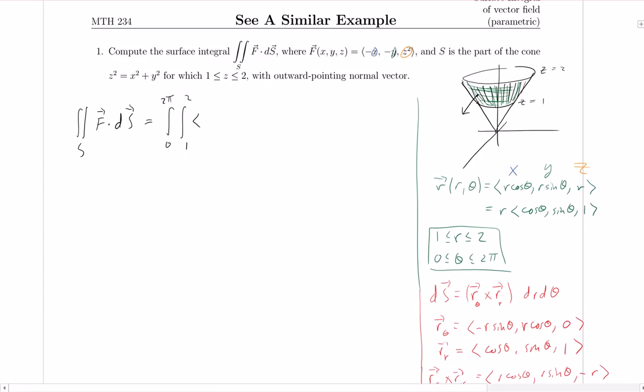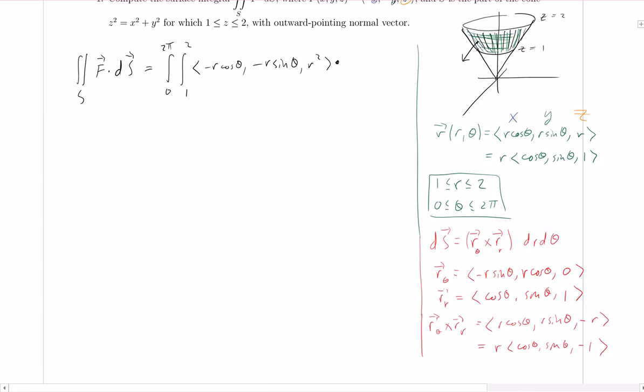So for F, we write minus x, minus y, and z squared, dot, and below we have dS.